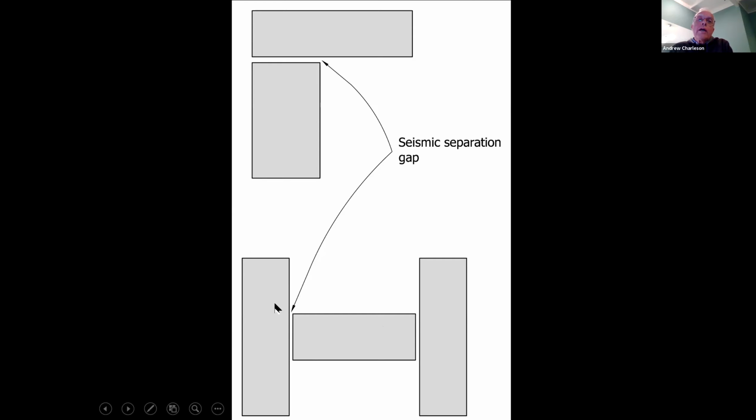Each structure has to have resistance in the Y direction and the X direction. And by doing this, we avoid re-entrant corners. And this is what practicing architects do. They provide these seismic separation gaps to avoid the re-entrant corner.